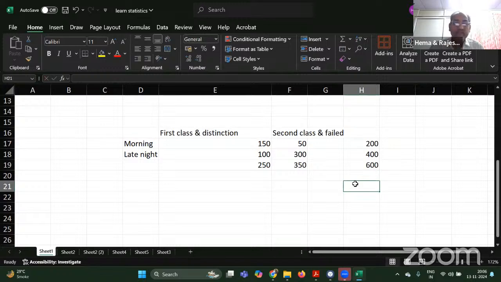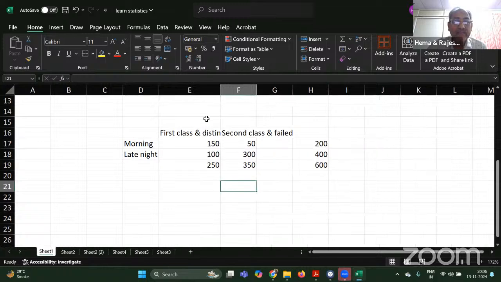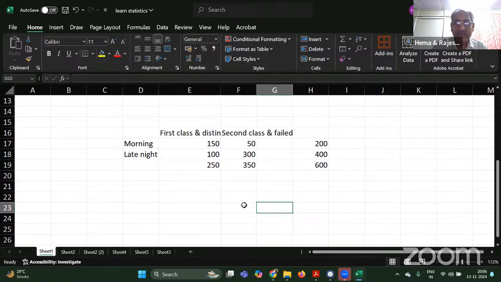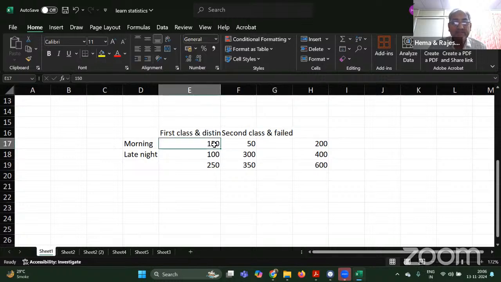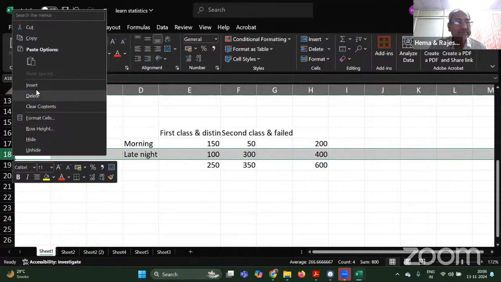Now in this case, we can apply the standard error of difference between two proportions. When you apply it, you will have a formula whereby you convert this into percentage, right?